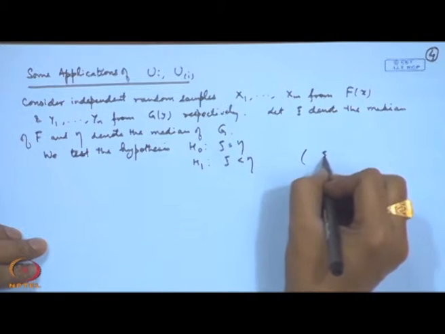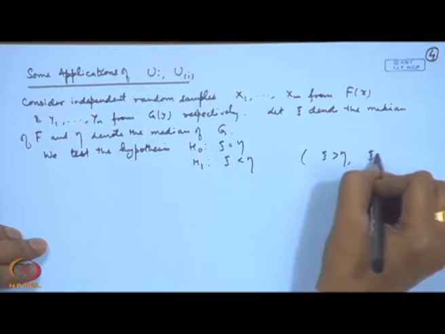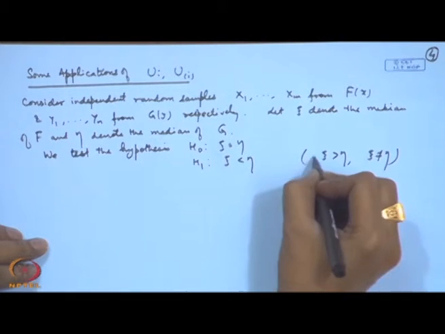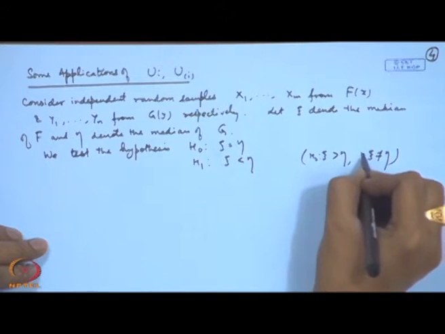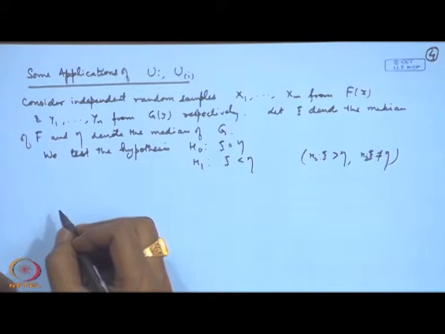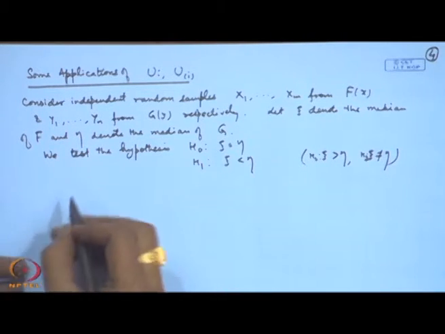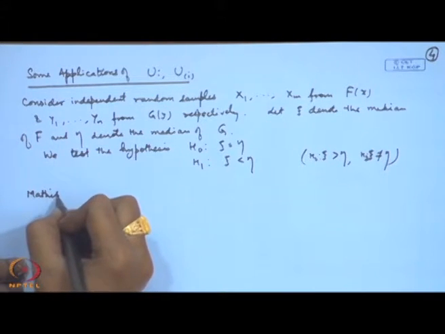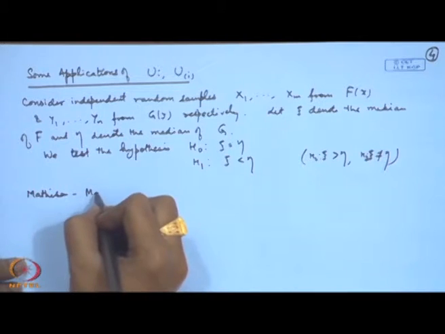It could also be xi greater than eta or xi not equal to eta, etcetera. All these types of testing problems can be considered. Let me call it H2 and this as H3. One of the first tests is actually called the Mathisen median test.